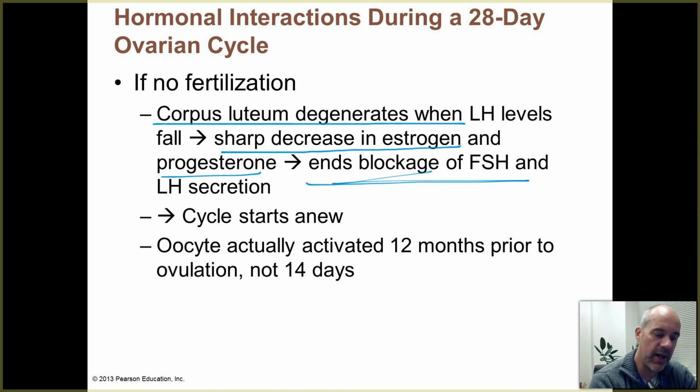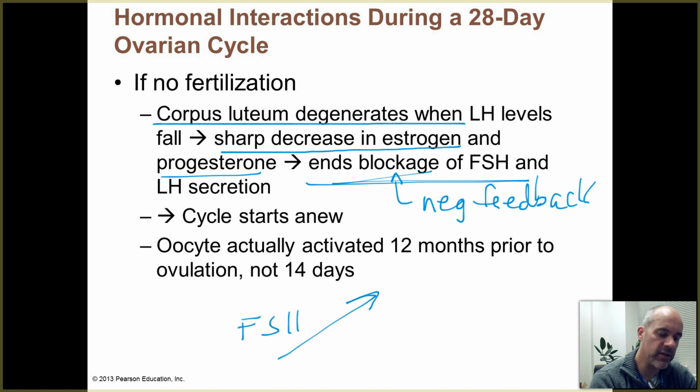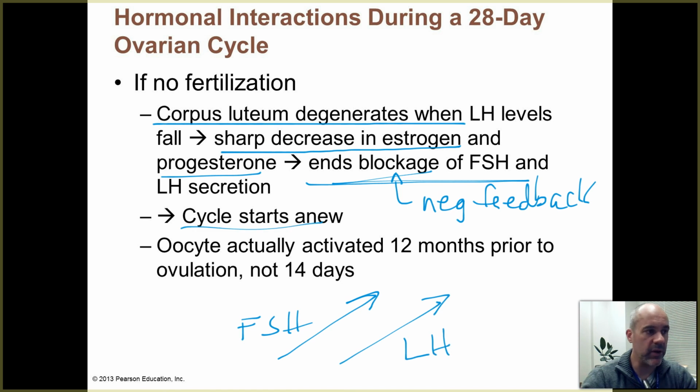That ends the blockage of FSH and LH secretion, so it ends the negative feedback. Okay, and so now your FSH and your LH levels can start to go back up, and that will allow you to go over to the beginning and start a whole new ovarian cycle.